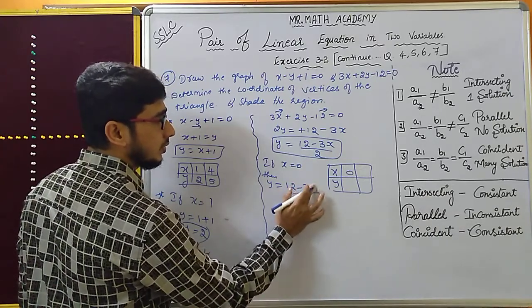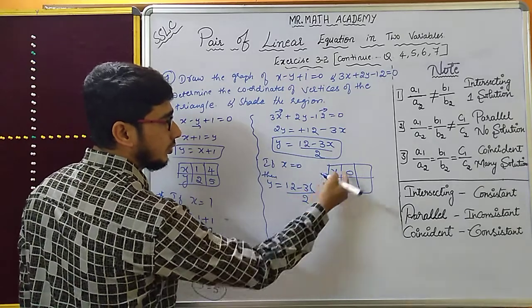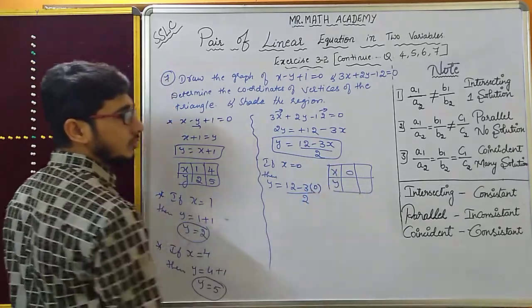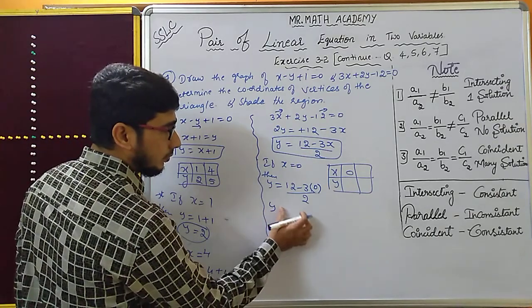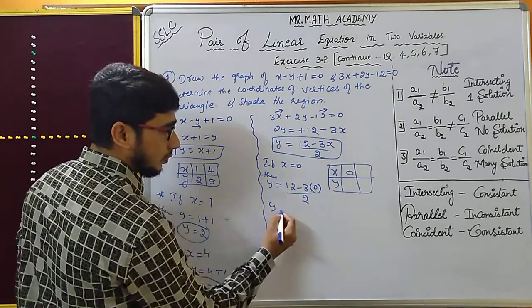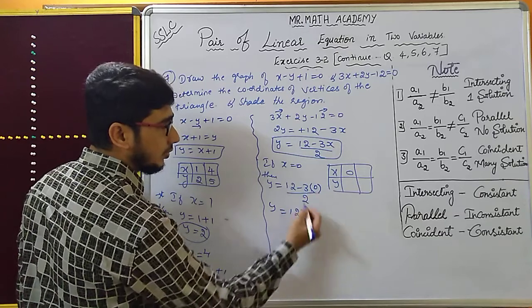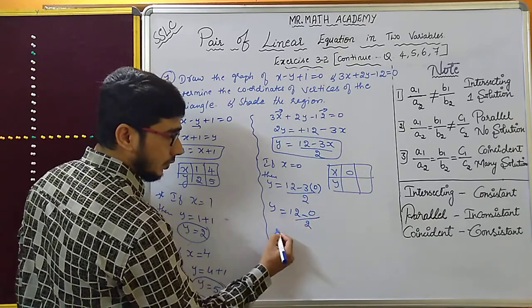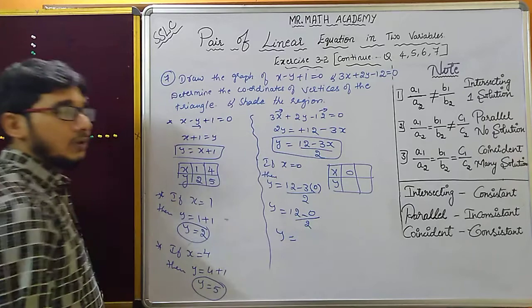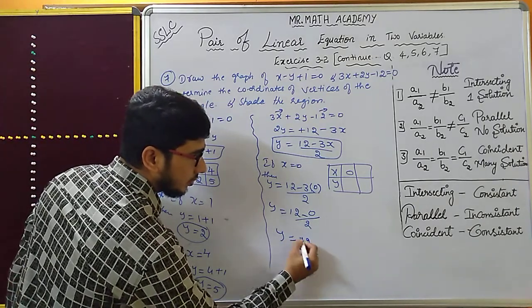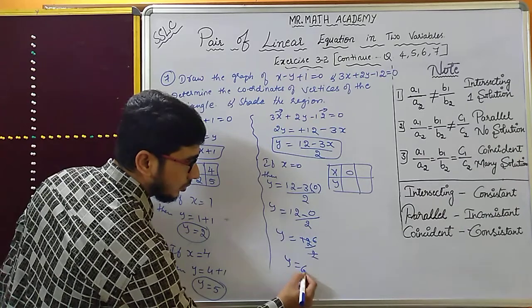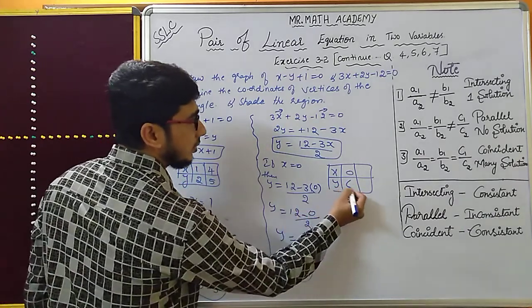For x, I will write 0, because I took the x value as 0. So y is equal to 12 minus 3 into 0 by 2. y is equal to 12 minus 0 is 12 only, by 2. 2 sixes are 12. So y is equal to 6.